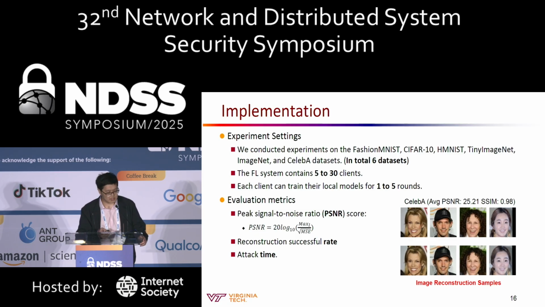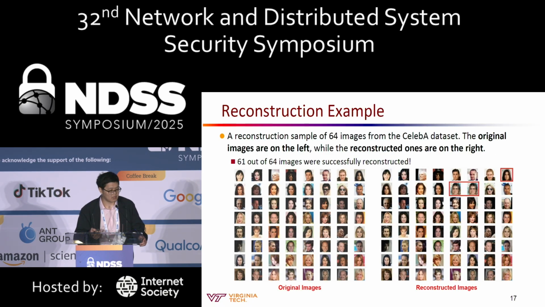For the implementation, we conducted our attack on up to 6 data sets, over different settings, for example, different numbers of clients and different numbers of local training rounds, and we use the commonly used metrics to evaluate the reconstruction performance. I provide one batch of reconstruction samples here. It is 64 images from the Scalable A dataset.